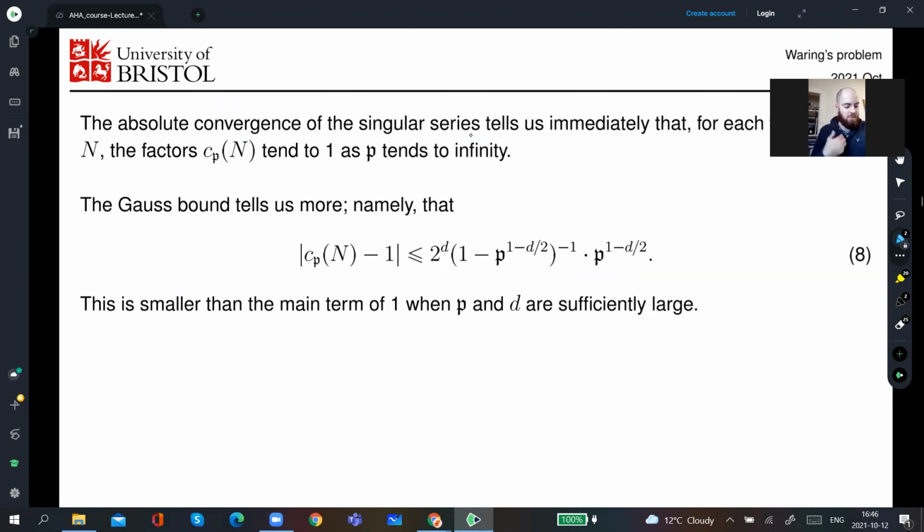This Gauss bound that I mentioned before, the fact that the Gauss sums are bounded by 2 to the d times p to a certain power, tells us that we know it's quite close to 1 when p is large. And we know how close it is in terms of the dimension d and the prime p. It's done just by summing up a geometric series. And you see right off the bat, when p is sufficiently large, say p is bigger than 100 and d is at least 5, that these terms are pretty close to 1.